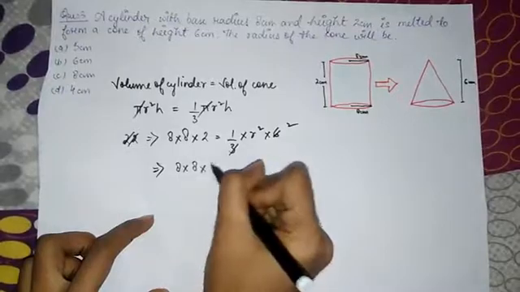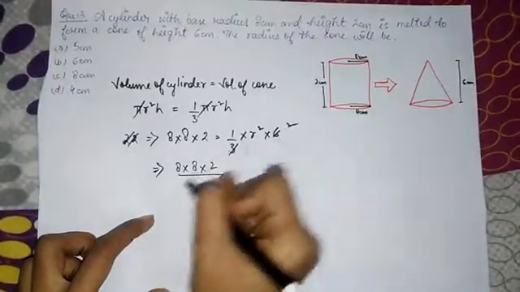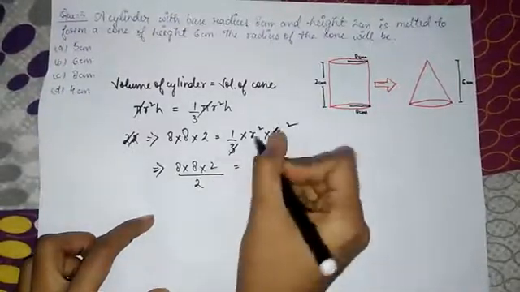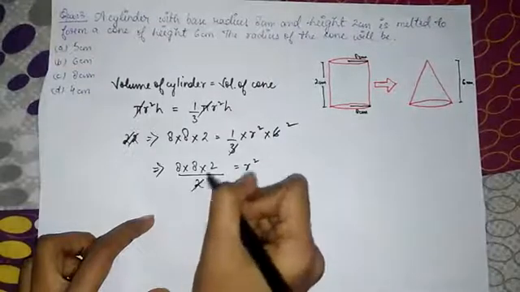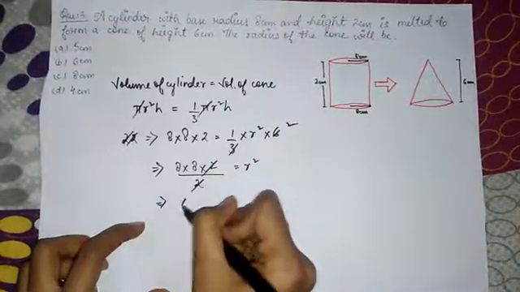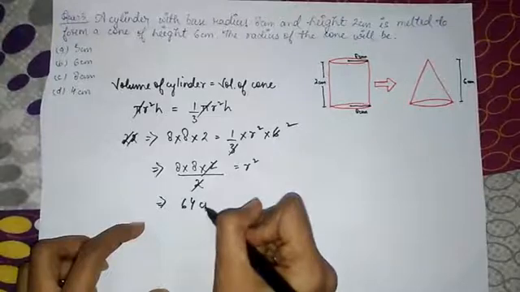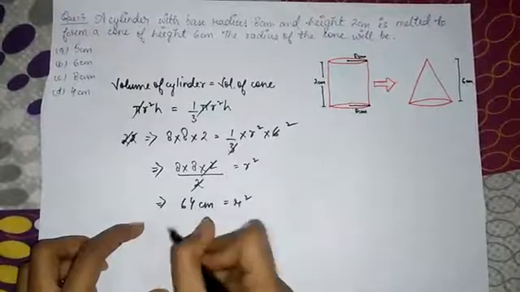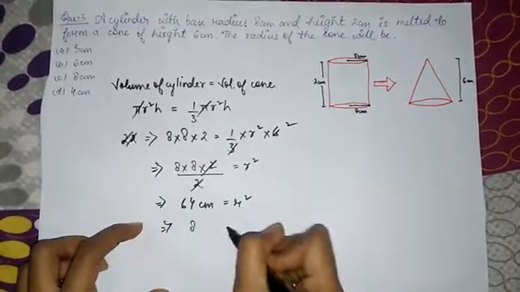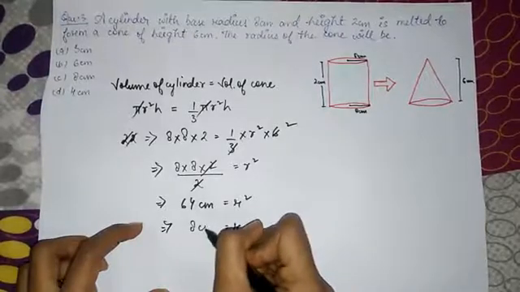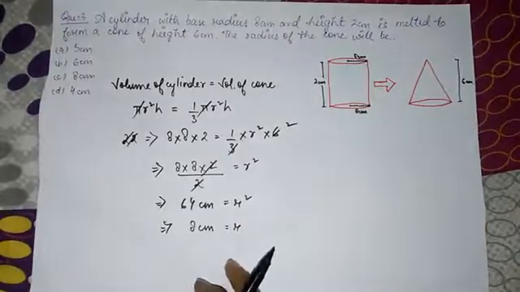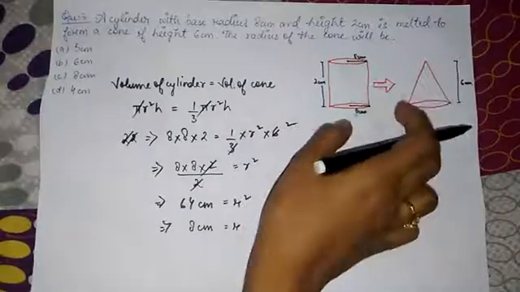Into 8 into 2 upon, we bring this 2 here, and here remains this. So 64 cm is equal to r square. This implies r is equal to 8 cm.